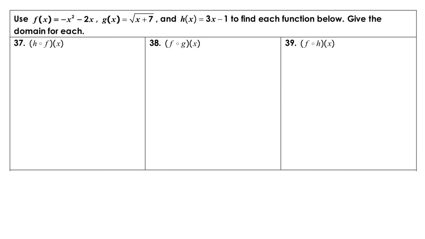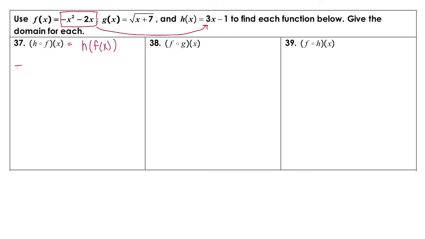Our next set of problems is dealing with our composition functions. Do remember that the notation here, that's going to be our function h of f of x. So I'm taking the entire function f at x and I need to substitute that in over here at h at x.